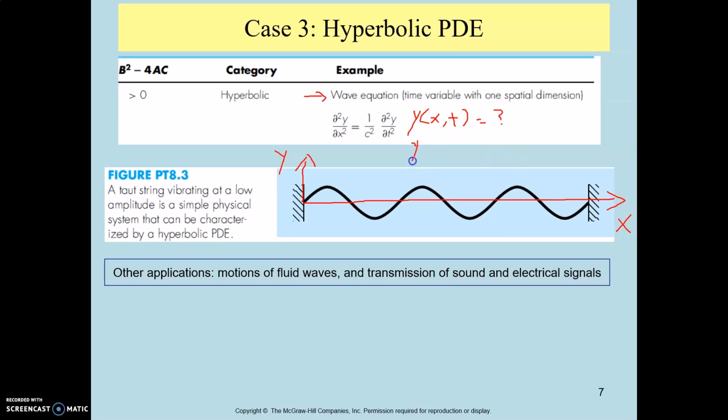By obtaining this function, you can tell, for example, at time equal to 0, at x equal to 5 perhaps, the vibration is here, and at x equal to 15, your vibration y is here. You can predict for any time, let's say after 10 seconds, you might get some result like this.